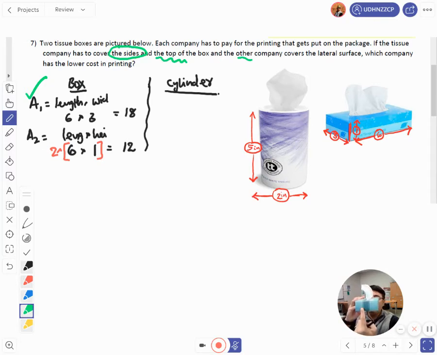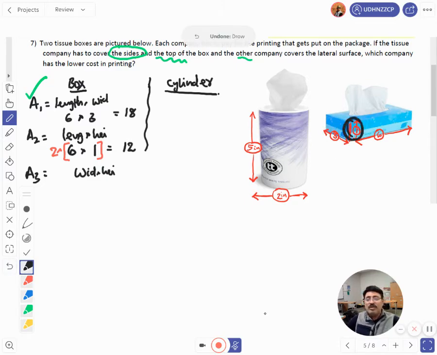Therefore, width times height we compute, right? So the next part is width times height. What is the width? I see 3 units. What is the height? 1 unit. Therefore, it is 3 times 1.